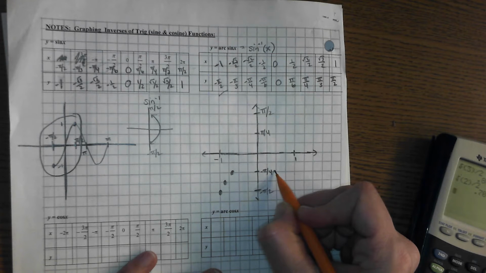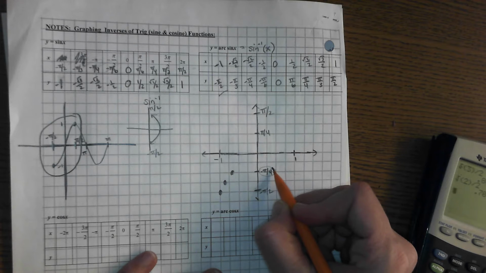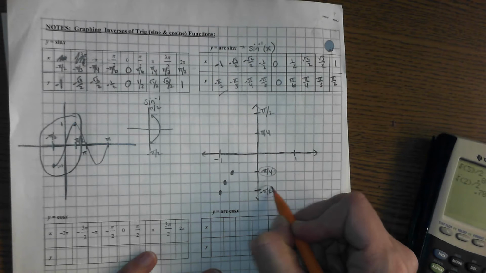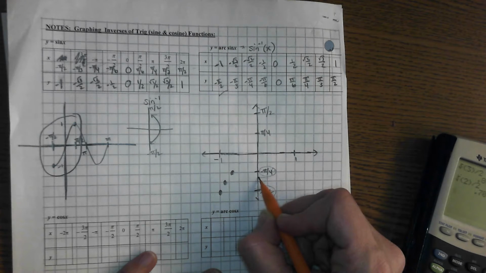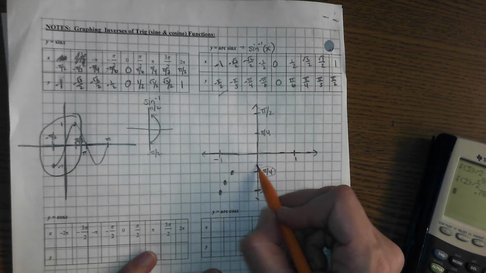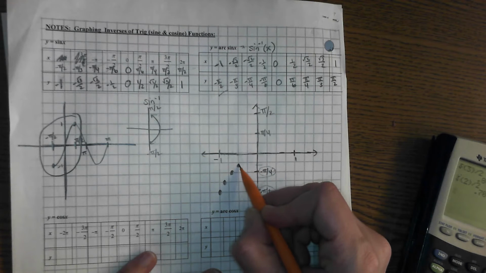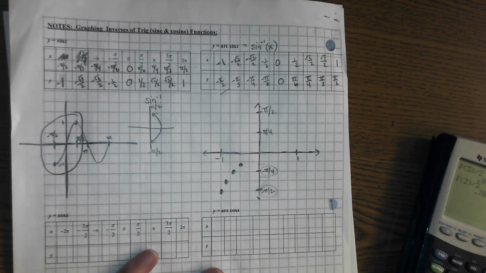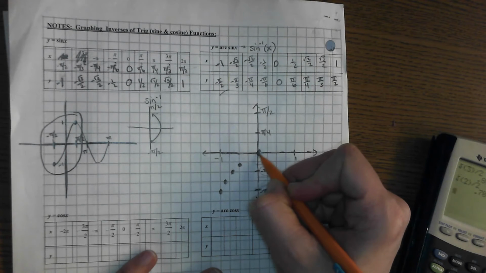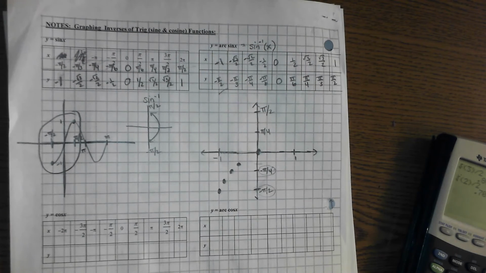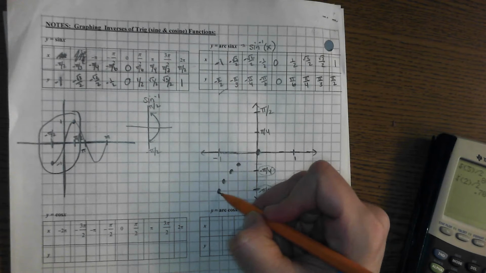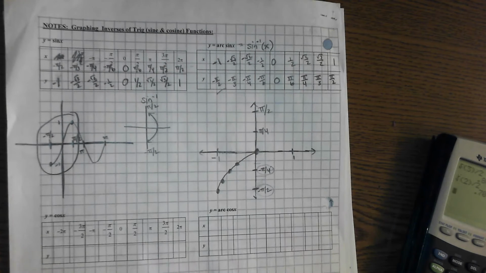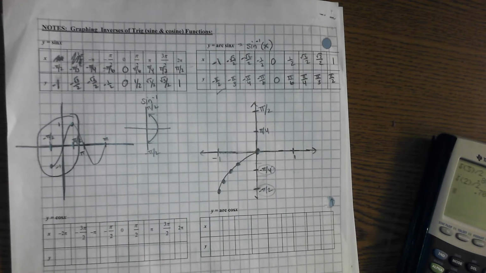From a degree standpoint, this is 45 degrees, this is 90 degrees, so 60 is right about there and 30 is right about there. So negative 1/2 goes with negative 30 degrees. And then 0, 0. So far it looks like that. Good?